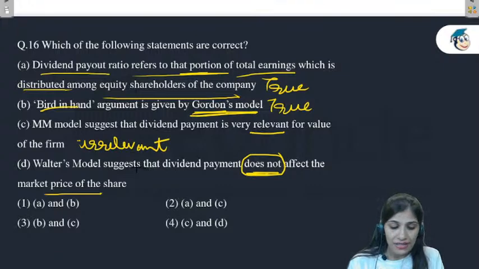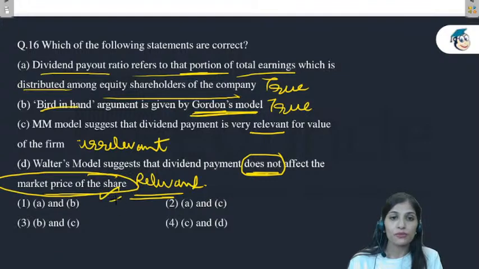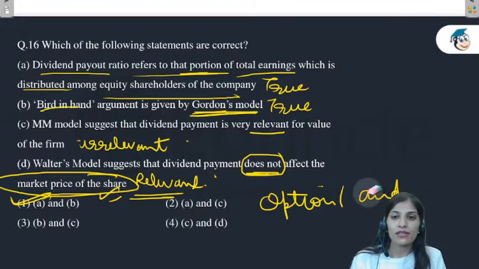It is relevant, right? So these last two statements are false and the first two statements are true. That means option number 1 is the answer, A and B, right? A and B is the correct answer.